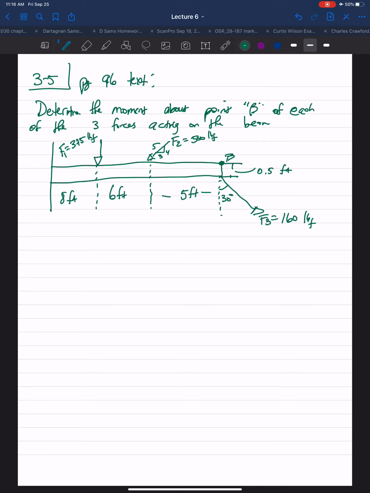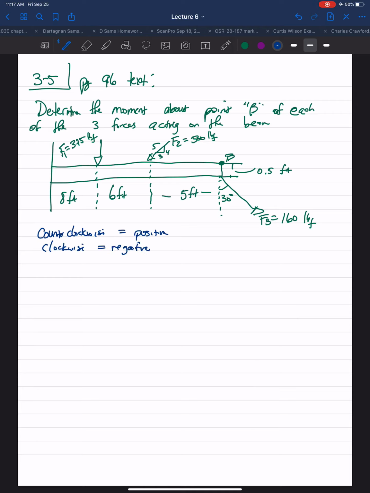So they want us to determine the moment about point B. Remember, the tendency to rotate caused by the force about point B. And remember, we need the magnitude of the force and the perpendicular distance of the line of action of the force about point B. So starting with F1, remember we said now sense of direction, counterclockwise equals positive, clockwise rotation equals negative.